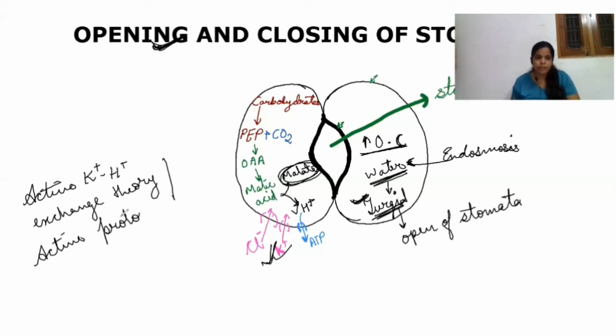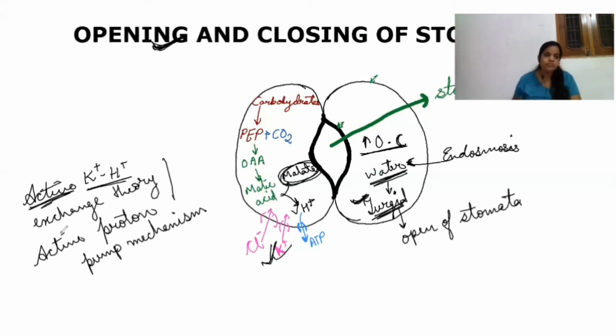So guys, the reason I've written the names now is because, now that I've explained the complete mechanism, you can easily understand the reason for giving this name to the procedure. Active, because it is using ATP for ionic exchange. Exchange is done between what? Exchange is done between potassium ions and protons, and the other name is active proton pump mechanism. So this is all about the opening of stomata.